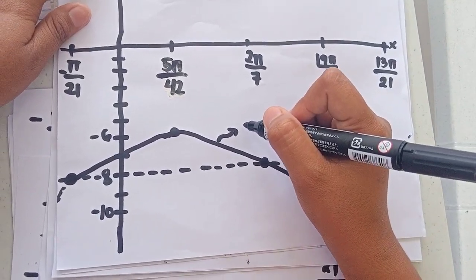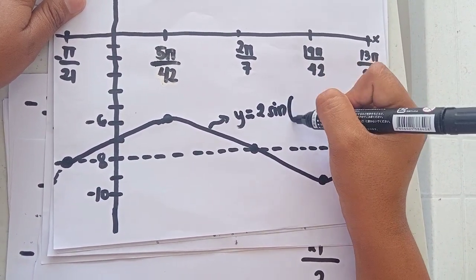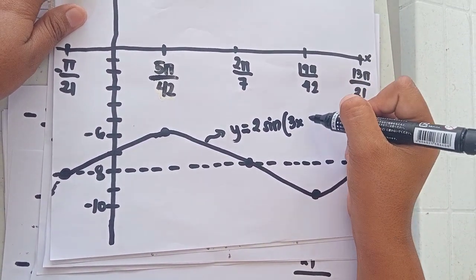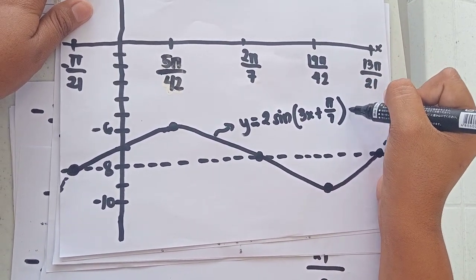And this is the graph of y equals 2 sine times the quantity of 3x plus pi over 7, minus 8.